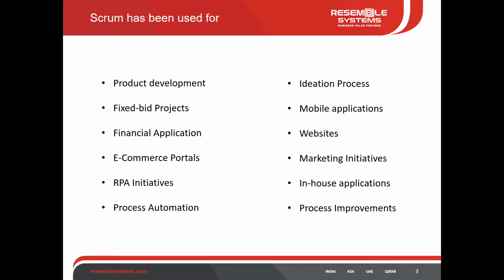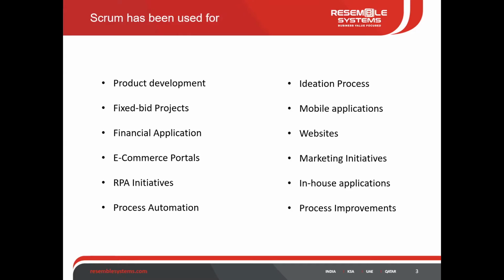So now let us explain about where this Scrum, Agile Scrum can be used. So I can use it for a product development. So if you are planning for any product development, I can use it there. I can use it for fixed bid projects. So I can use it for financial applications, e-commerce portal. So if I look, the most important part based on our attendees is like, I can use it for in-house based development.